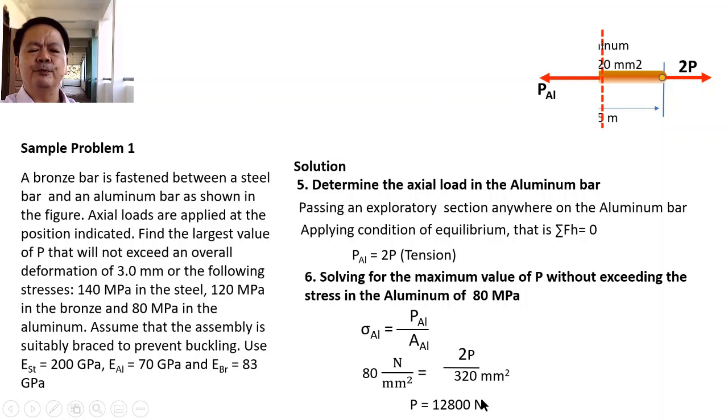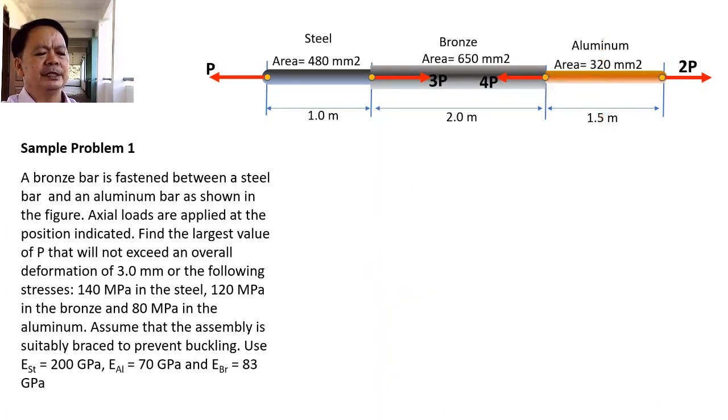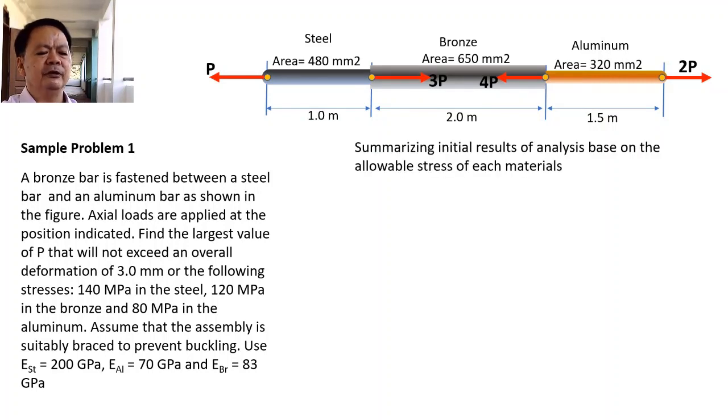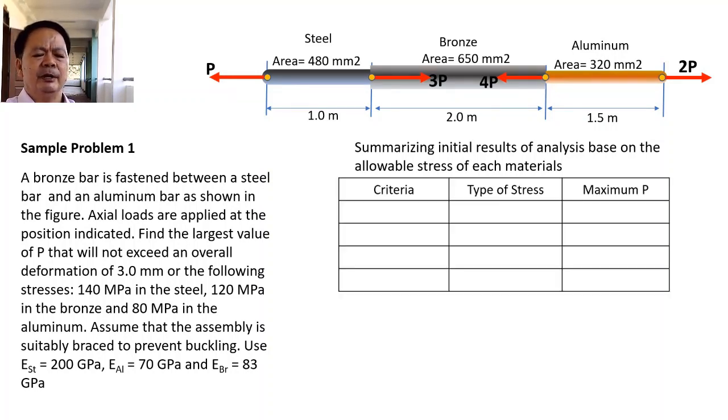Now, after we have computed for that, we can make an analysis by summarizing the initially computed values based on the allowable stress of the materials. And let us try to make a simple analysis of these stresses. Let us have here our table representing the criteria we have, the type of stress, and the maximum value of P. If we are to consider steel, the steel is subjected to tension, and the maximum value of P that we have is 67,200.